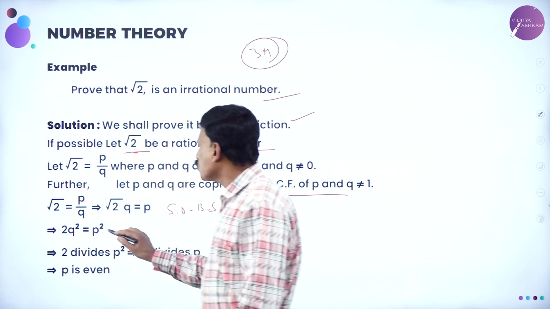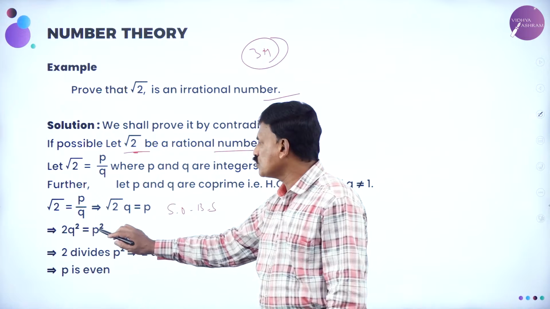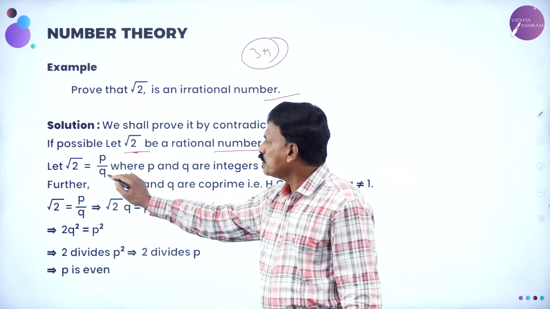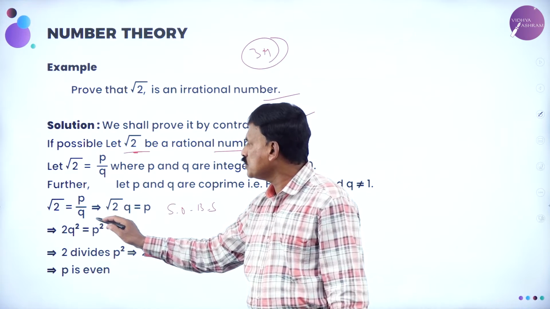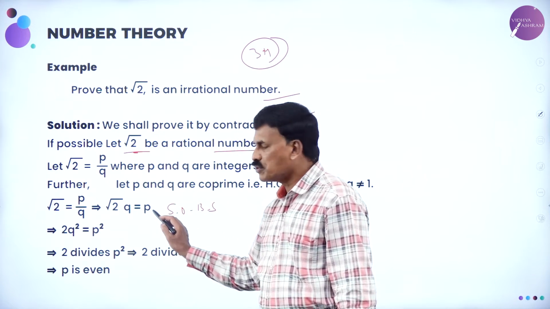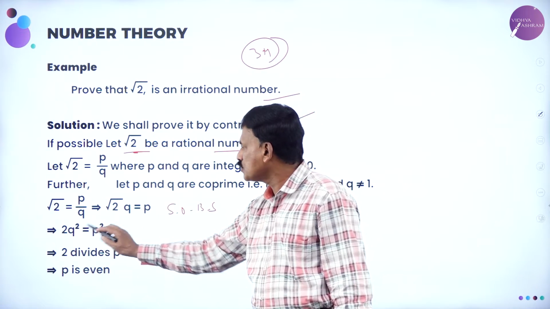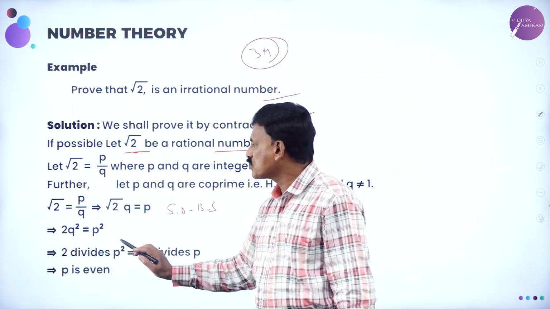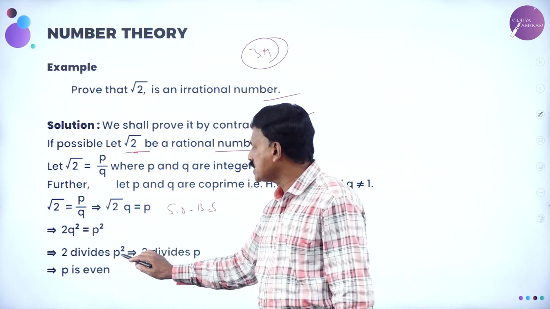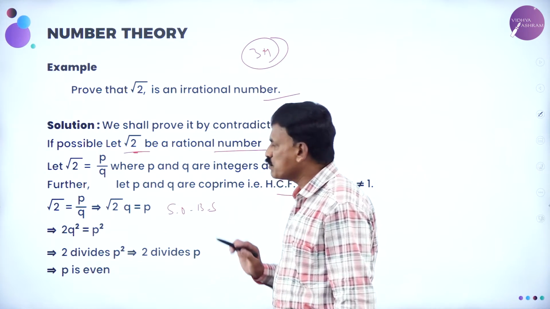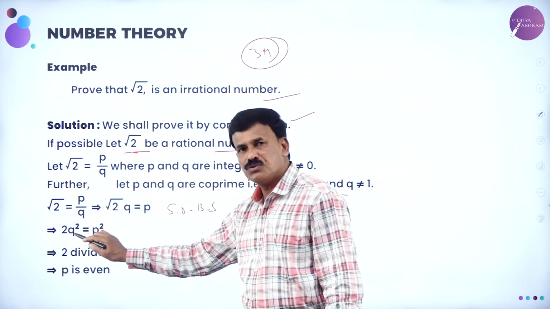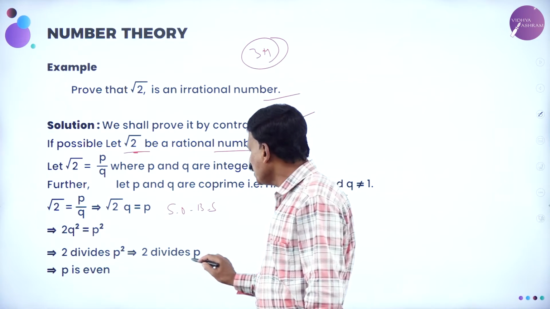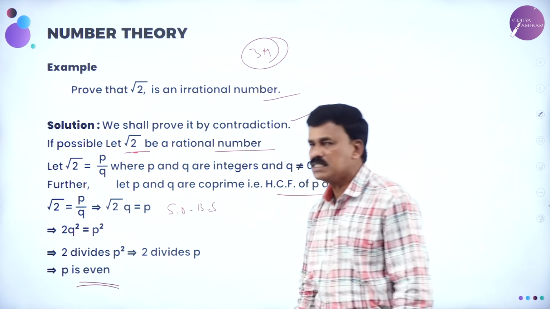Cross multiply it, root 2 into q is equal to p. Squaring on both sides, root 2 whole square is 2, so 2q square is equal to p square. That means 2 divides p square, which implies 2 divides p also. If 2 divides p, then definitely p is an even number.